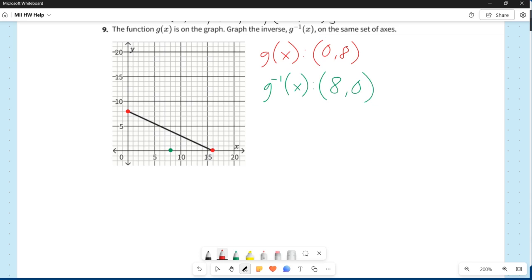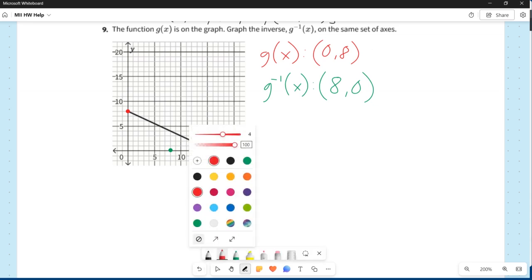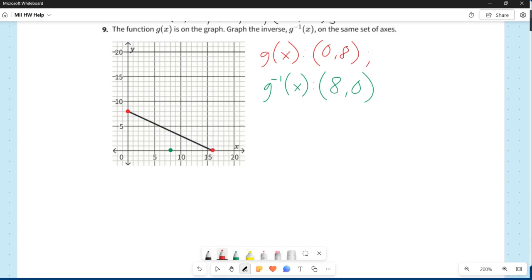So the coordinates for the x-intercept, my x coordinate at that point is 16, and then because it's the x-intercept, your y coordinate is 0. Just like on the y-intercept, your x coordinate is 0, on your x-intercept, the y is 0.